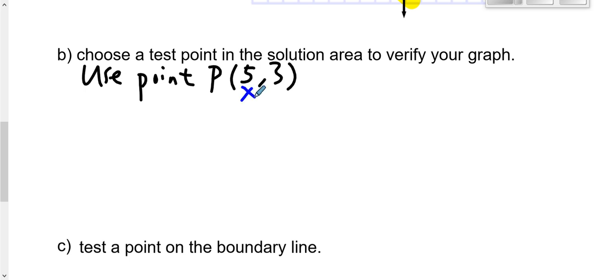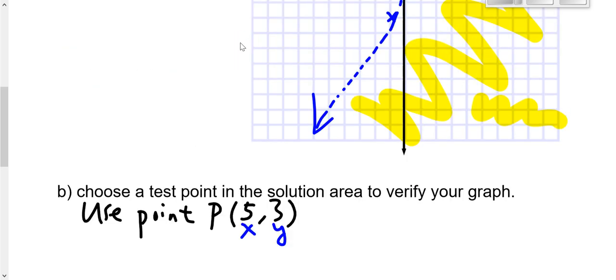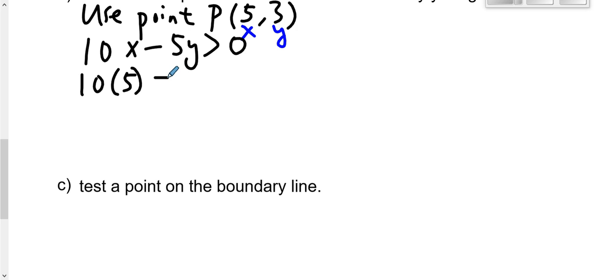So we plug in 5 for x and 3 for y. Alright, so what's our equation again? Go back up here. 10x minus 5y is supposed to be greater than 0. So plug in 5 for x. So 10 times 5 minus 5 times y. Y is 3.